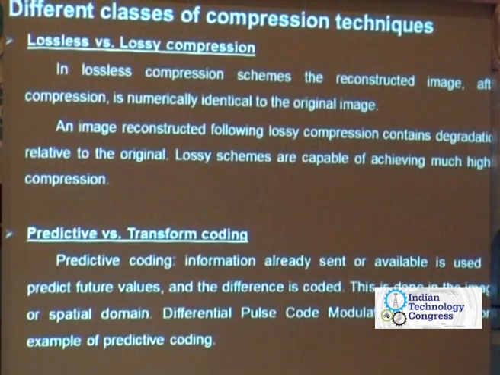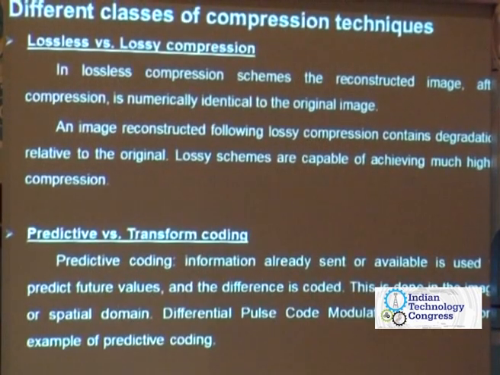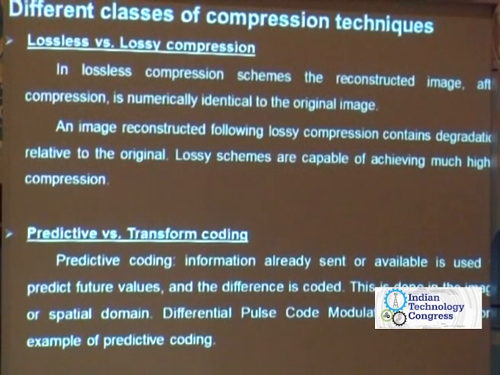human visual system. So coming to the different classes of compression, the first one is lossless and lossy. Lossless is where the reconstructed image is similar to the original image in its numerical value. Whereas in lossy compression, there will be a degradation of the numerical values and we will lose some data.